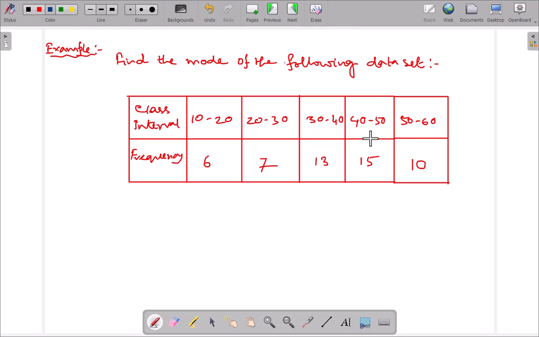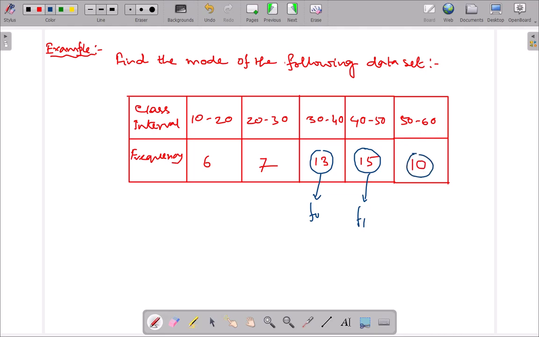You note that the class interval 40 to 50 contains the highest frequency, that is 15. So, that is our F1, and the preceding class interval is 30 to 40. So, 13, that is F0, and the succeeding class interval is 50 to 60.